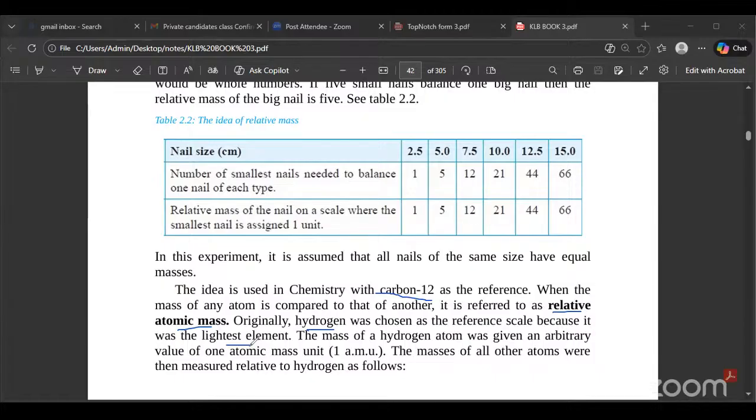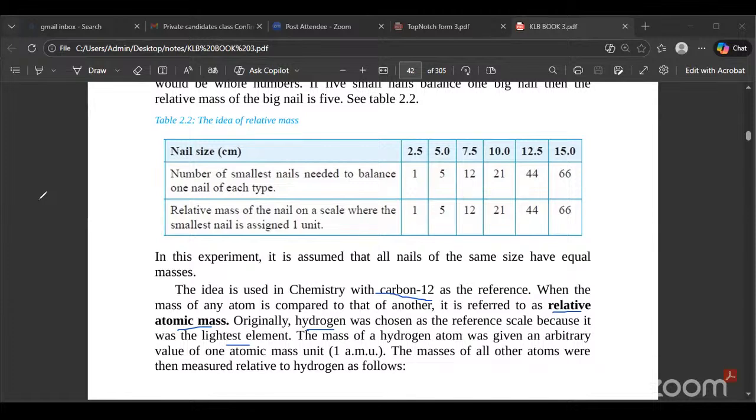If you measure, for example, the mass of sodium, we'll say it is 23 times heavier than hydrogen, because the mass of hydrogen is 1. So it was used first of all.